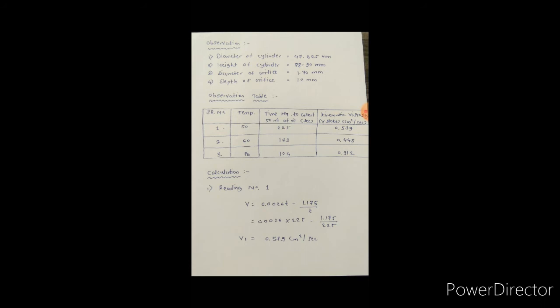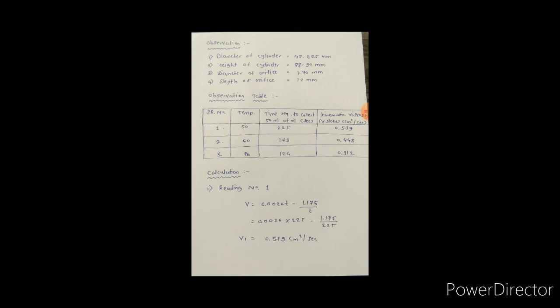For reading 1, we have the formula V = 0.0026 T - 1.175/T. Here the time is 225.